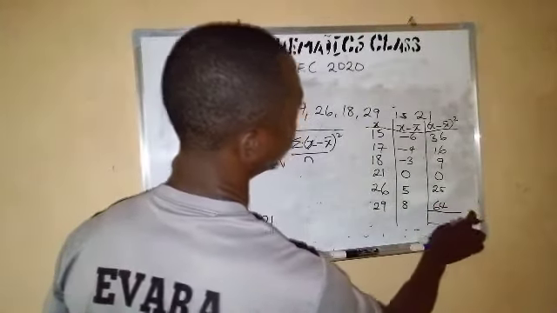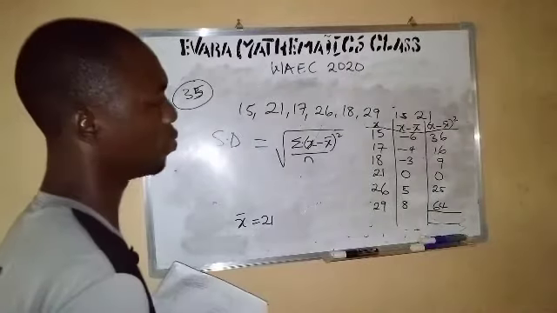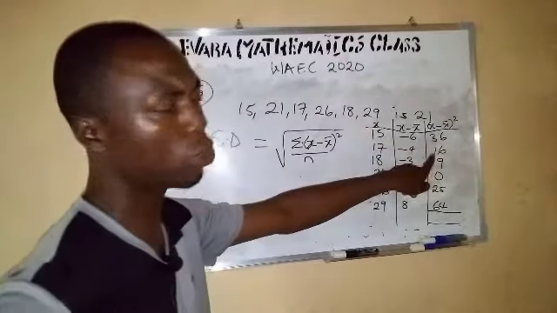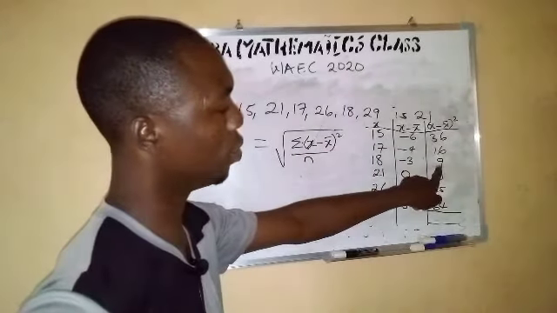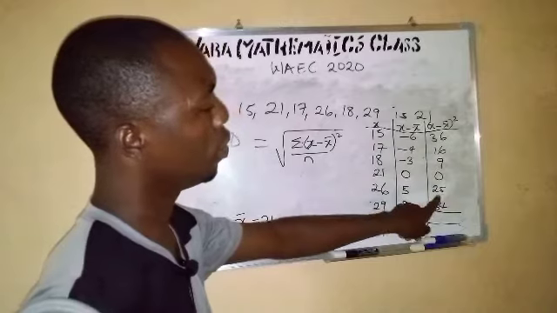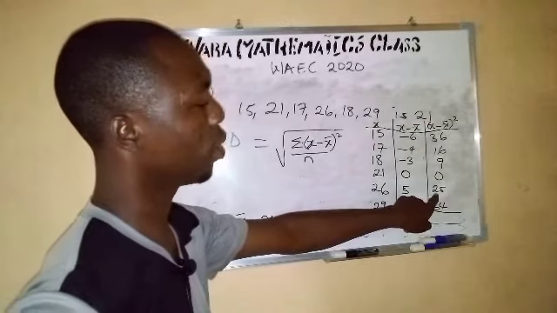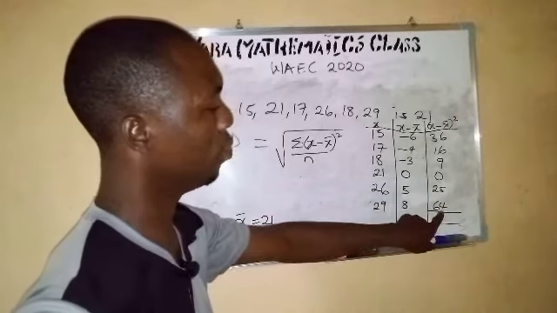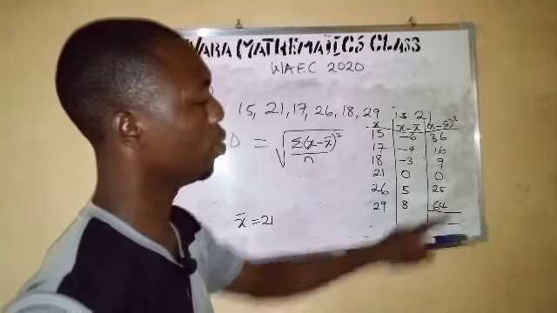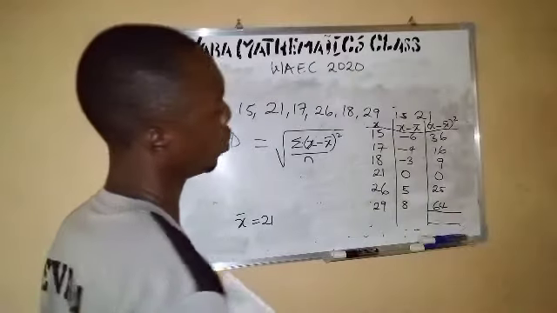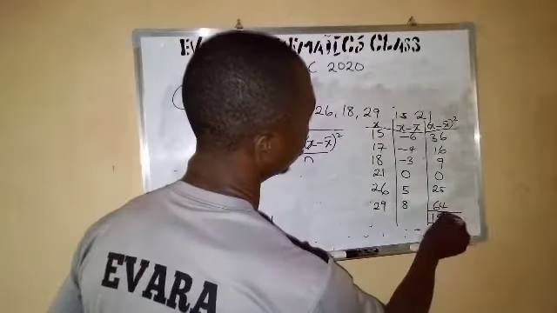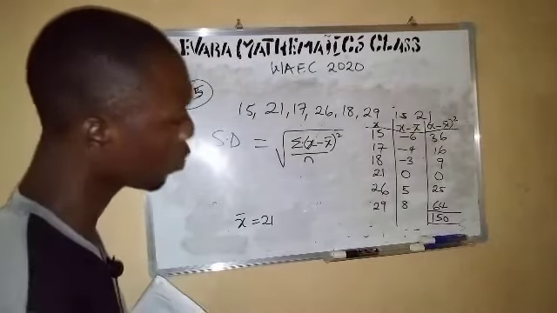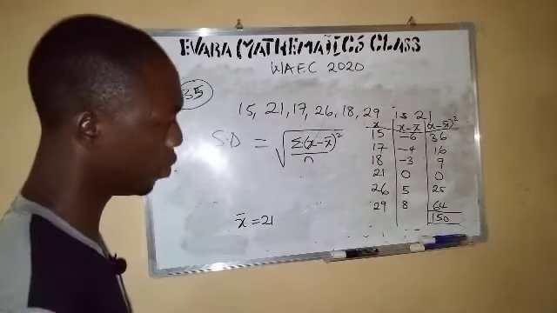Then we add up all these values together. 36 plus 16, that is 52. 52 plus 9, that's 61. 61 plus 25, that will give us 86. Then 86 plus 64, that will give us 150.